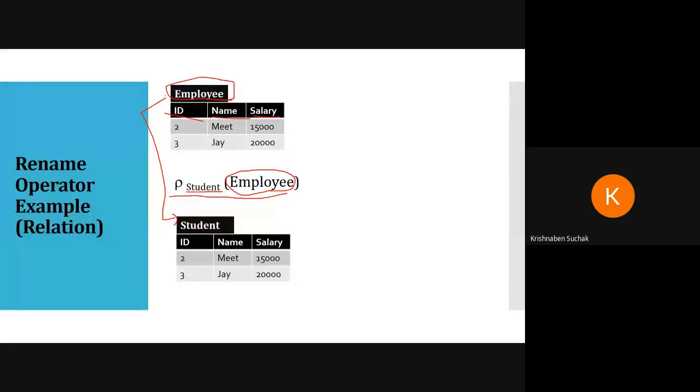Right, there is the rename operator operation. Everyone please write into the chat box, how can I rename ID into enrollment number?